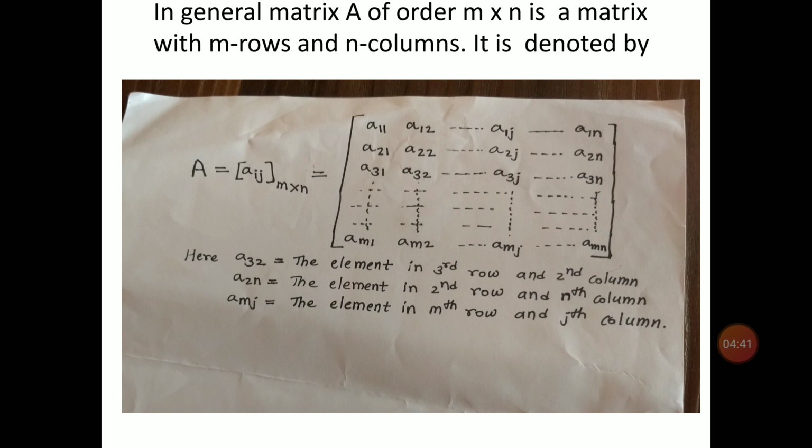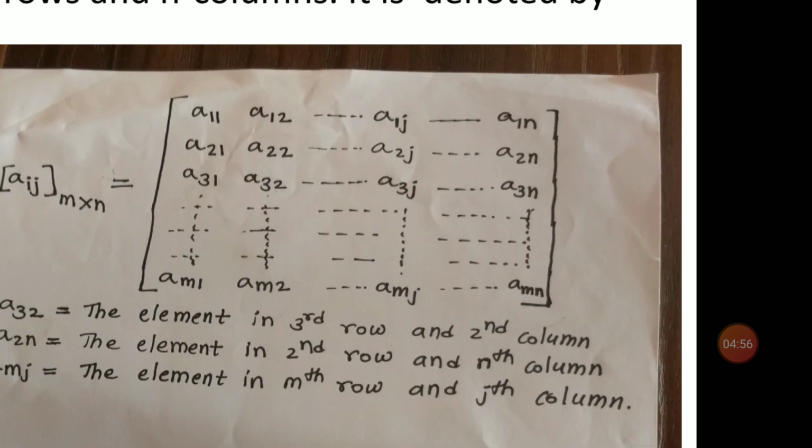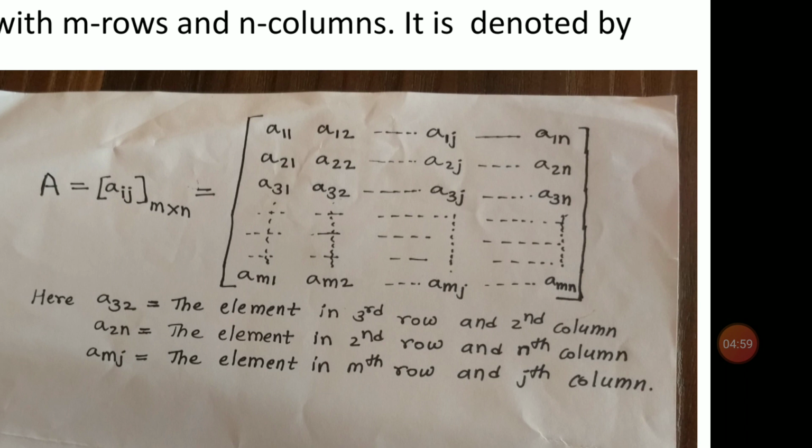In every suffix, the first number denotes the row in which the element lies, and the second number denotes the column in which it lies, and therefore here a32 is the element in the third row and the second column. a2n is the element in the second row and nth column. So in general, aij is the element in the ith row and jth column.